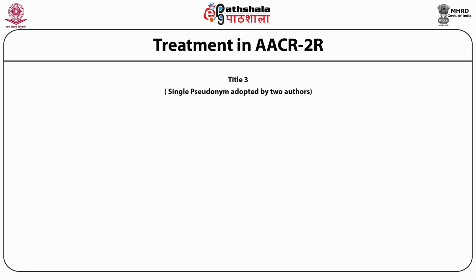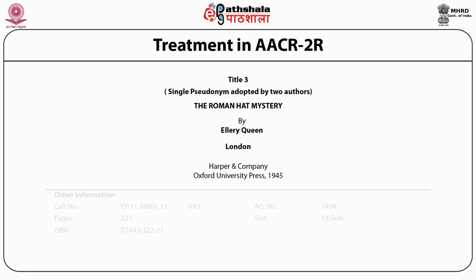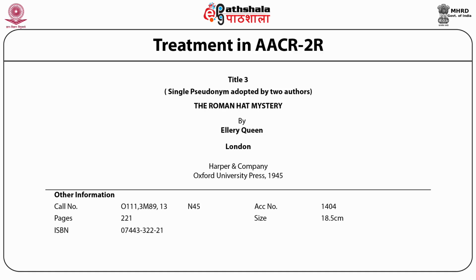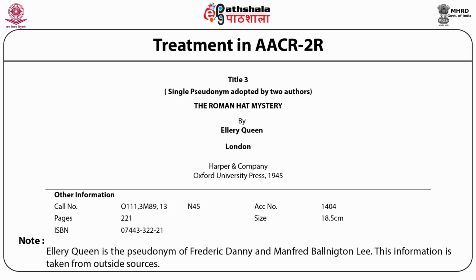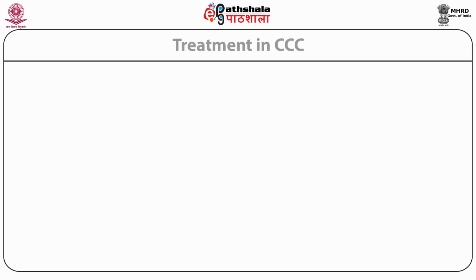Title 3 is a single pseudonym adopted by two authors. The title is followed by the pseudonym as well as imprint information. Other information has been given as usual. The note says that Ellery Queen is the pseudonym of Frederick Dannay and Manfred Bennington Lee. This information is taken from outside sources.